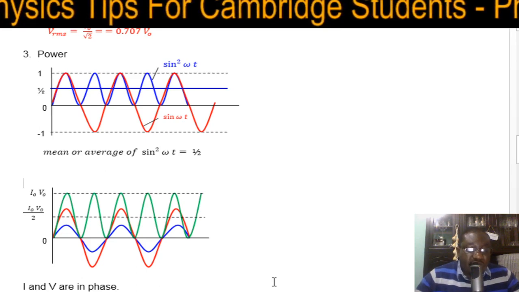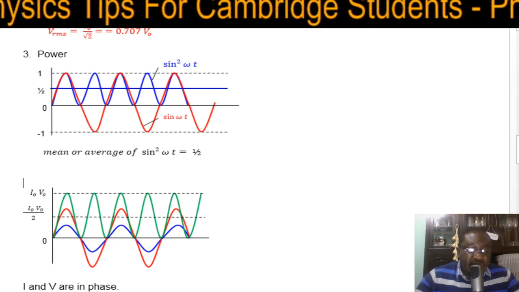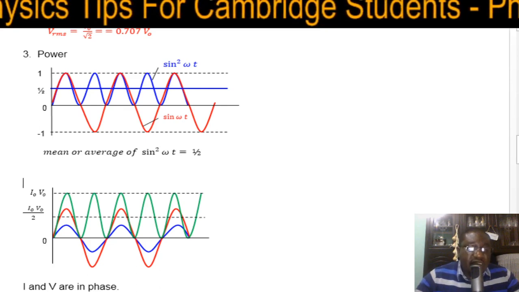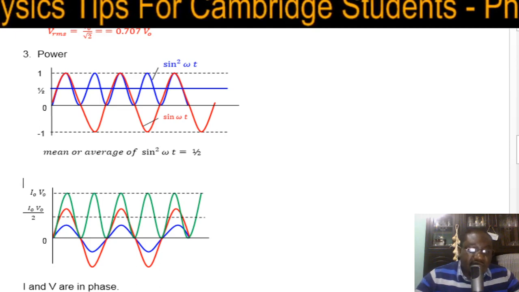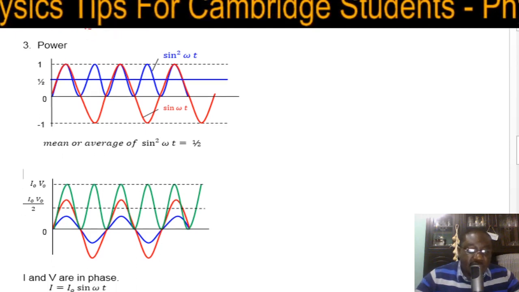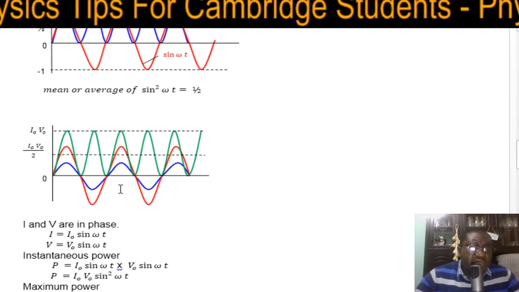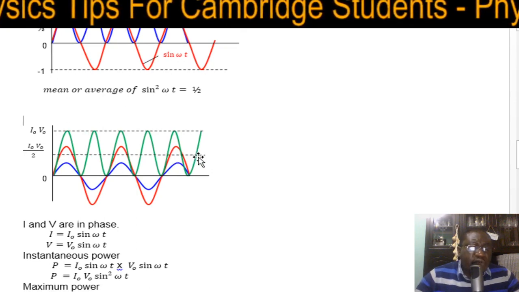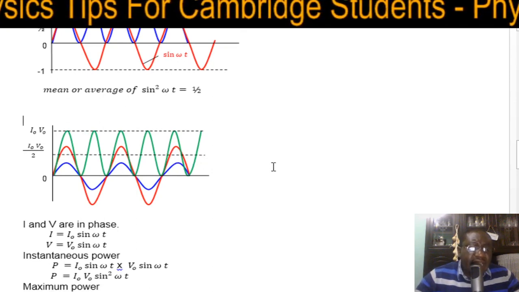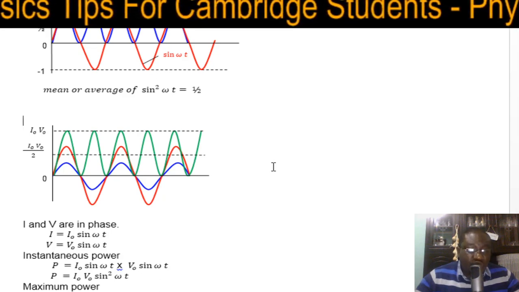So what are we saying? Instantaneous power will be equal to I naught sine omega t times V naught sine omega t, which gives you I naught V naught sine squared omega t, as I've already alluded to. Now, to get the mean power, that's the one shown there passing through the middle, you take the peak current times the peak voltage divided by 2.